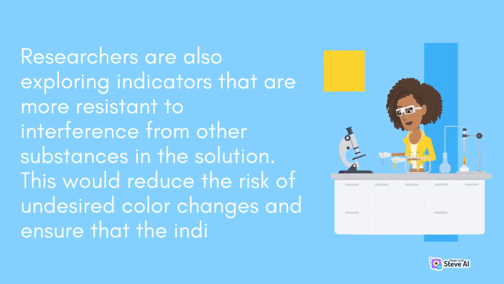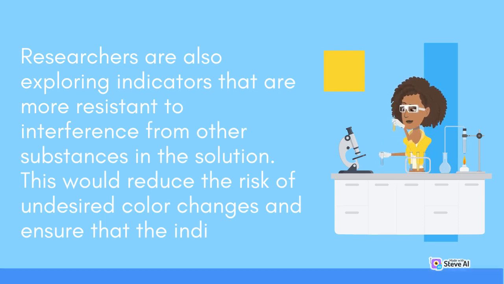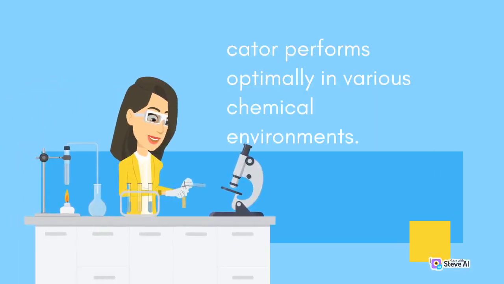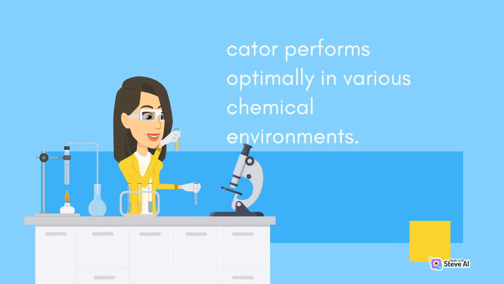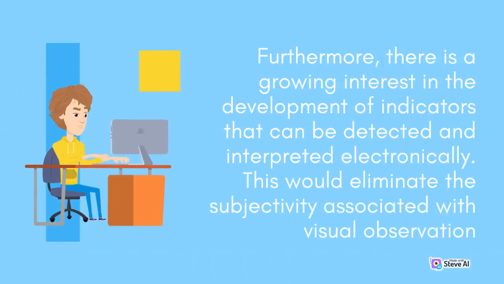Researchers are also exploring indicators that are more resistant to interference from other substances in the solution. This would reduce the risk of undesired color changes and ensure that the indicator performs optimally in various chemical environments. Furthermore, there is a growing interest in the development of indicators that can be detected and interpreted electronically.